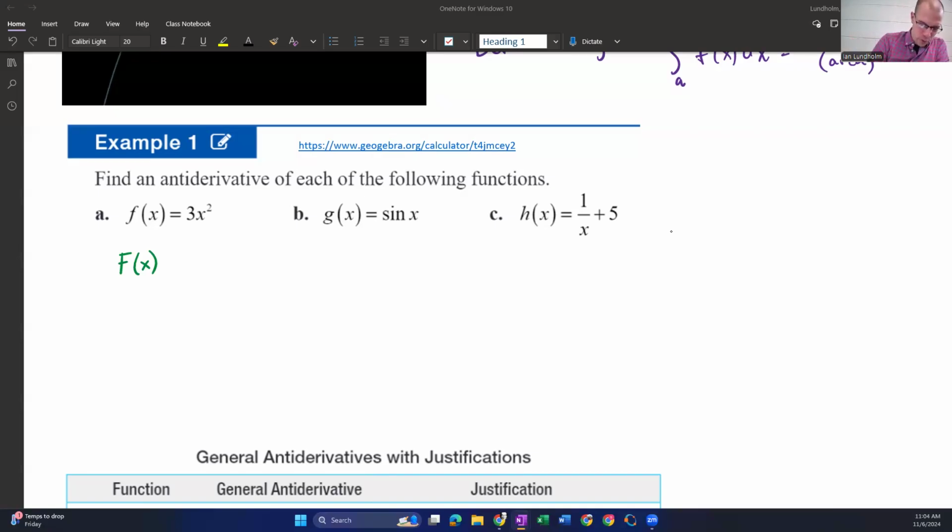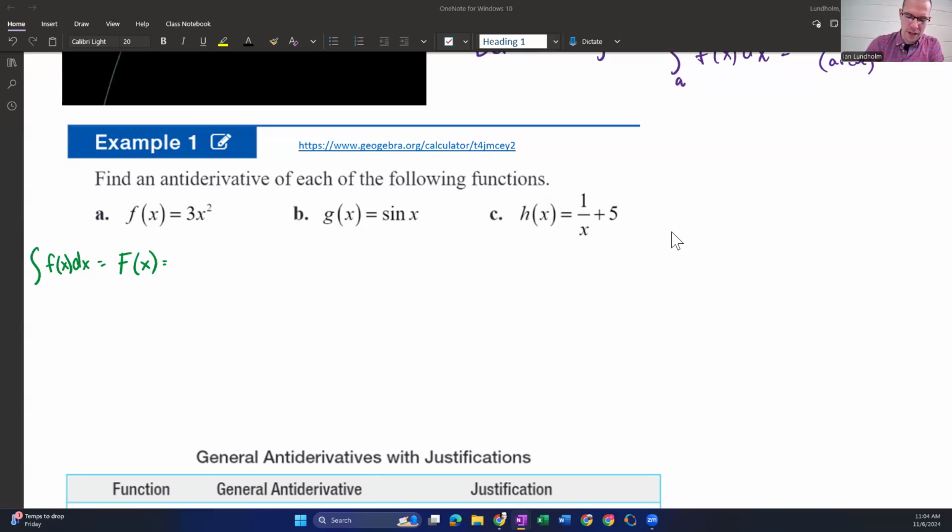Maybe, if we wanted to get used to that notation, we could go integral f of x dx equals. That part's not so important right now. But big F of x would be undoing the power rule on this. So whenever we're undoing the power rule, we're actually going to add 1 to the exponent first, and then we're going to divide by that exponent.